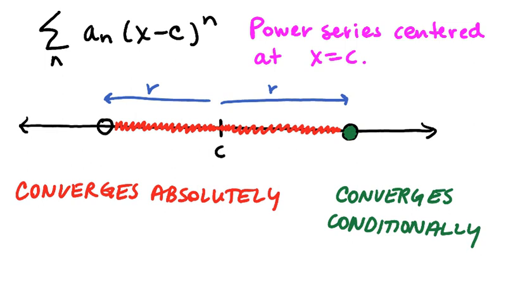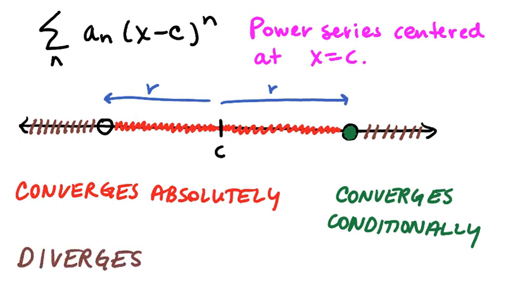And it diverges out there. What you need to know for these questions is that if a power series converges conditionally, the place where it converges conditionally is the endpoint of the interval of convergence.